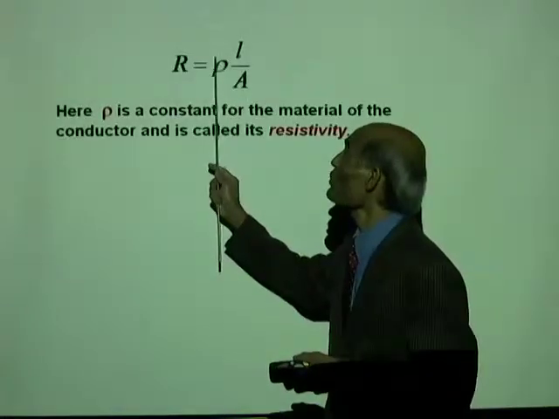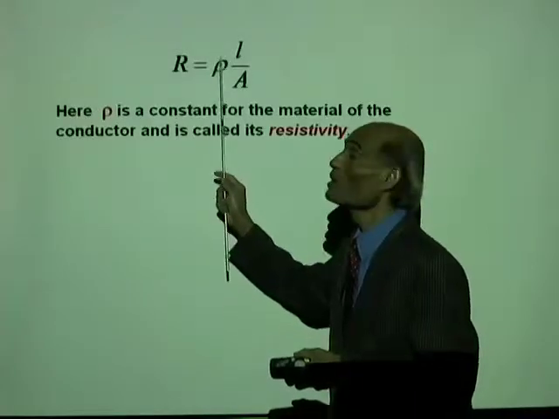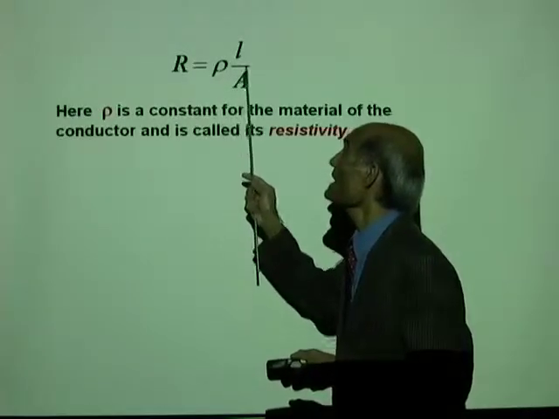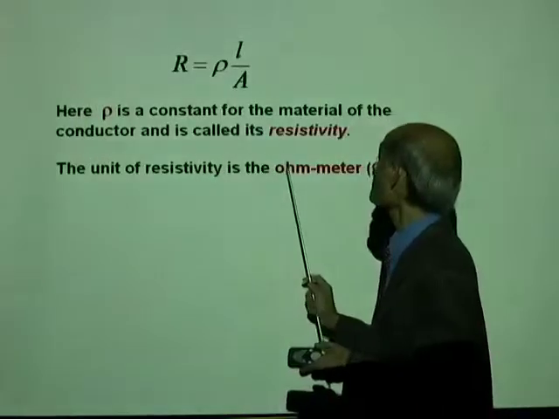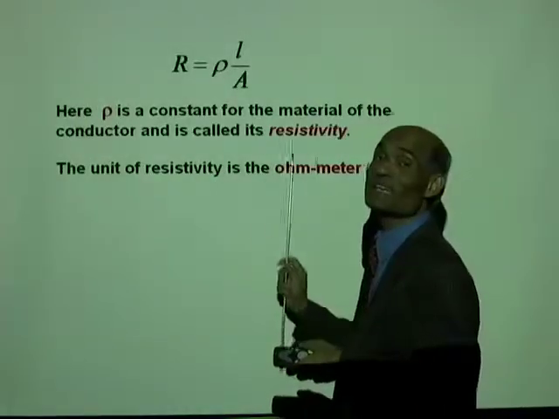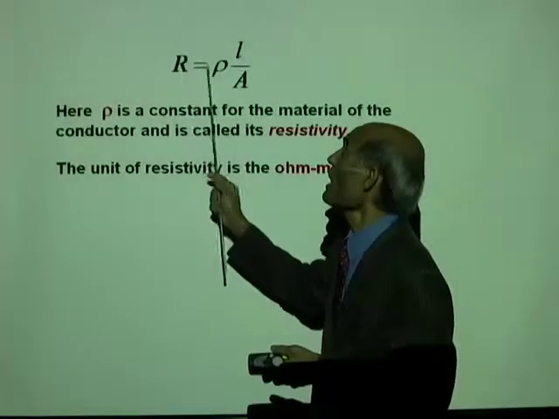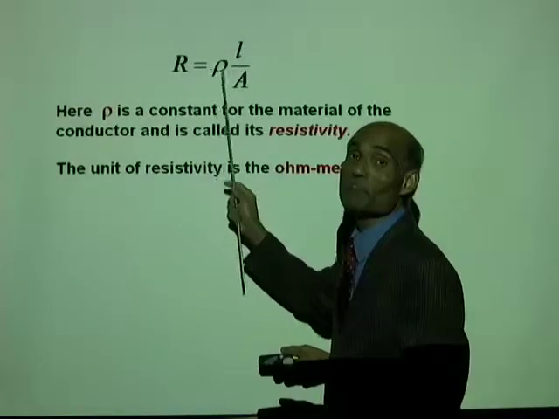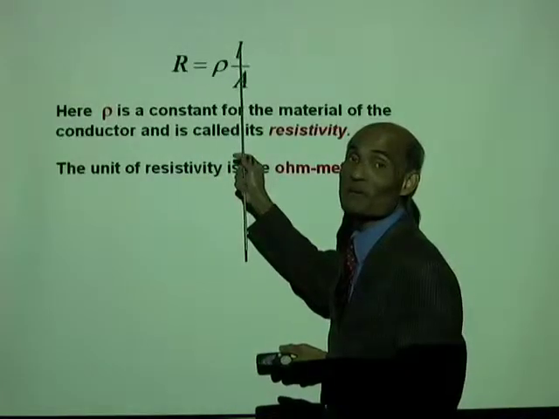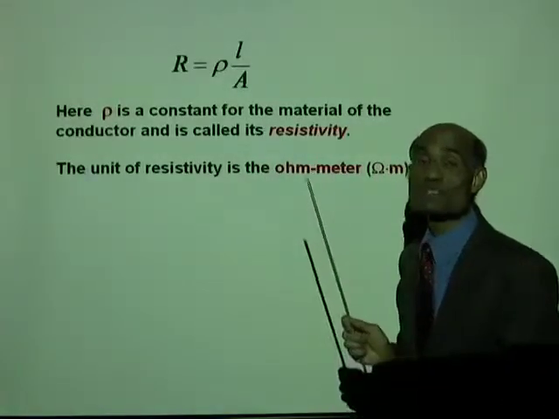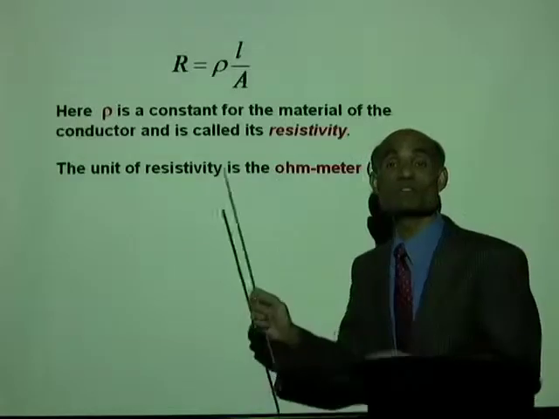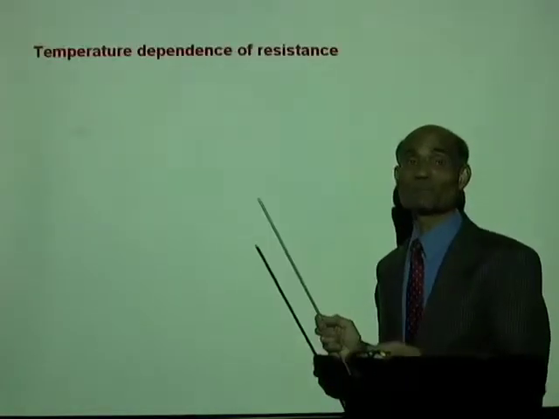If you solve for rho, rho will be RA divided by L. The unit of resistivity is ohm meter. Can you get that from here? R times A, ohm meter squared, divided by meter, will give you ohm meter. So resistivity is measured in a unit called ohm meter.